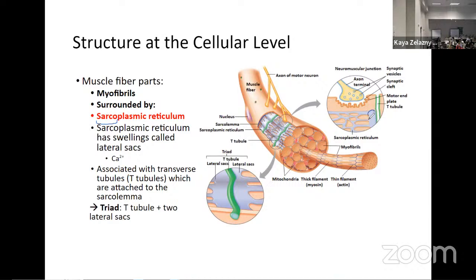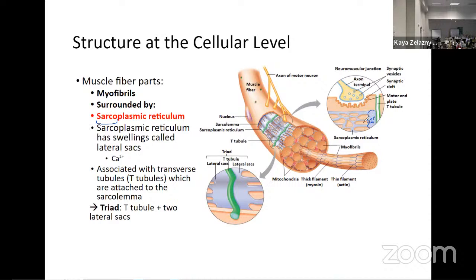So we've got these swellings here, our lateral sacs in this sarcoplasmic reticulum, that are storing calcium. So calcium is going to be important for muscle function, just like it was important for releasing neurotransmitter in our neurons. Okay, so it's going to have a new special job here in our muscle cells.